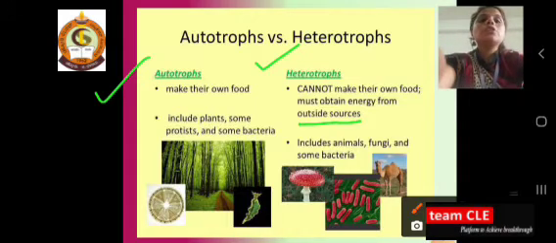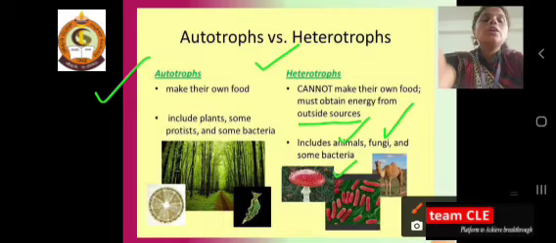Heterotrophs include animals like human beings, us also. We are also living organisms. Next are fungi and bacteria. These are a few of the examples where we include heterotrophs.